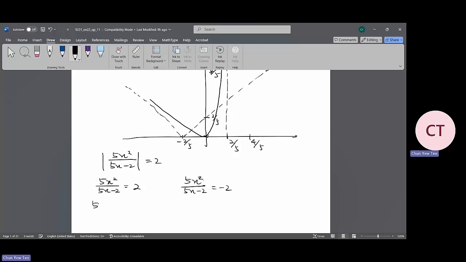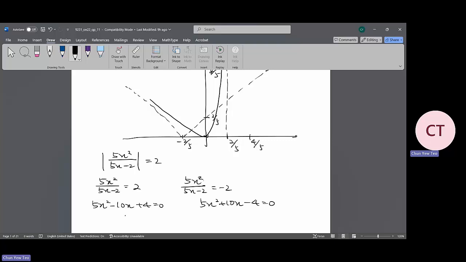So we have 5x squared minus 10x plus 4 equal to 0, and 5x squared plus 10x minus 4 equal to 0.